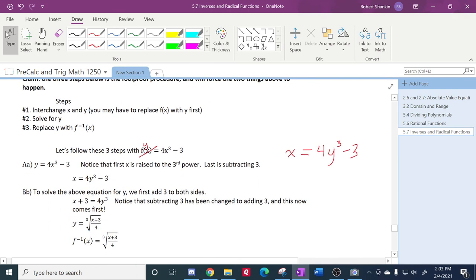Now when I'm solving this equation for y, what's the first thing I have to do? I have to do the opposite of this operation. It inverts the operation, and it inverts the order. The first thing that's going to happen to the x is that 3 is going to get added to it.